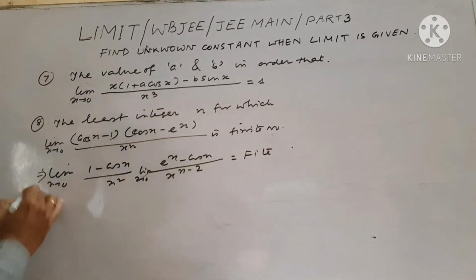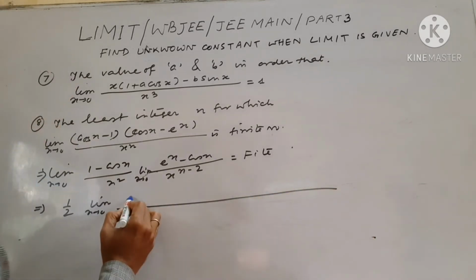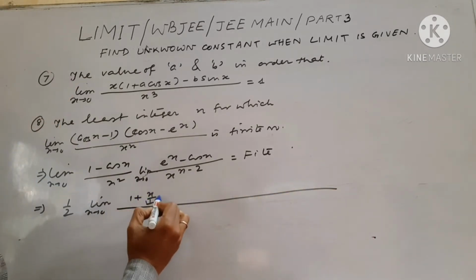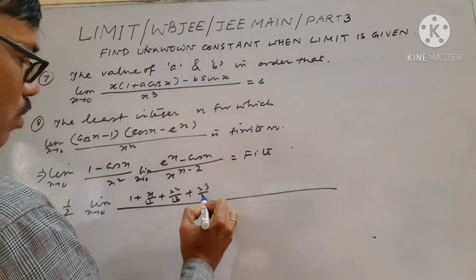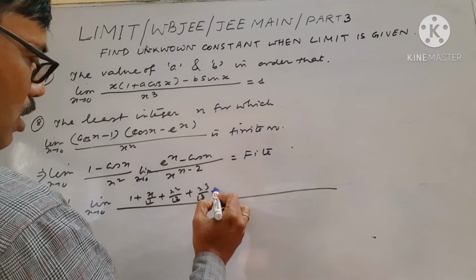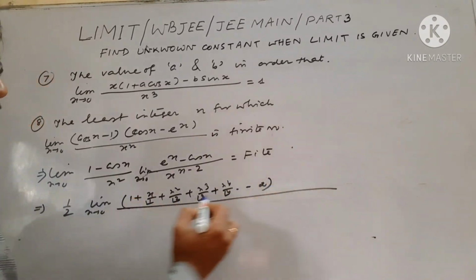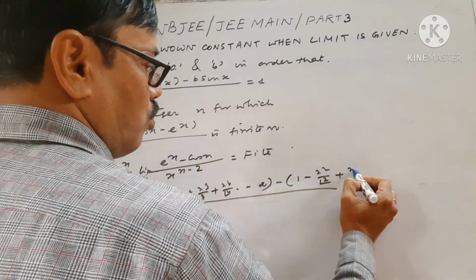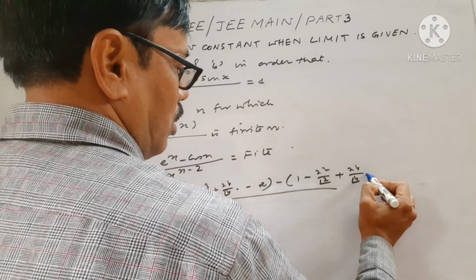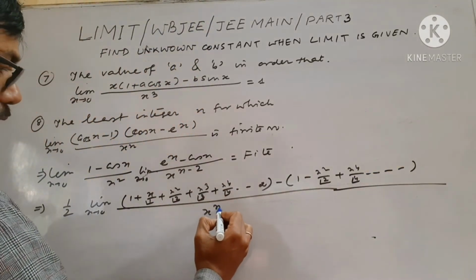Now we know this one is half, and the limit x tends to 0. Use the formula of e to the power x: 1 plus x plus x square by factorial 2, x cube by factorial 3, x4 by factorial 4. Now cos x: 1 minus x square by factorial 2, plus x4 by factorial 4, up to infinity, by x to the power n minus 2.